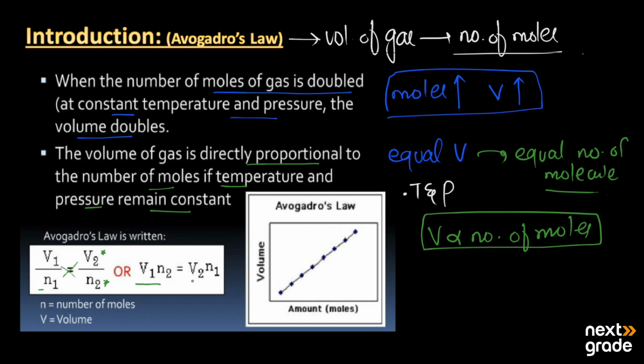Or by cross multiplication, V1 into n2 equals V2 into n1, where n denotes the number of moles and V denotes the volume of the gas.